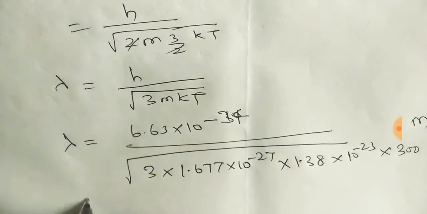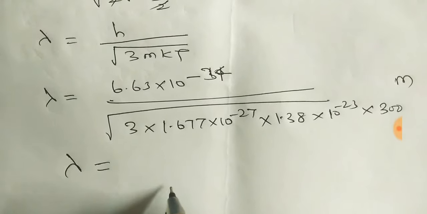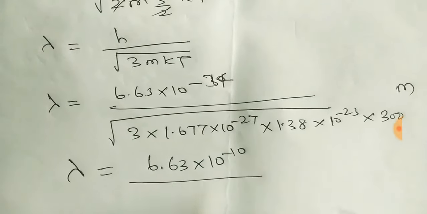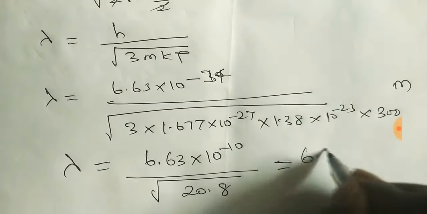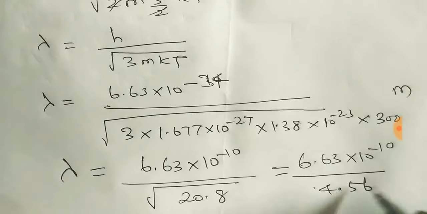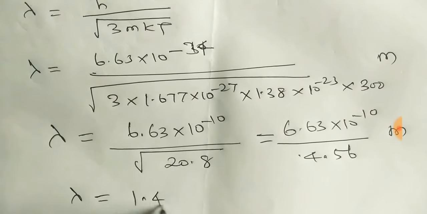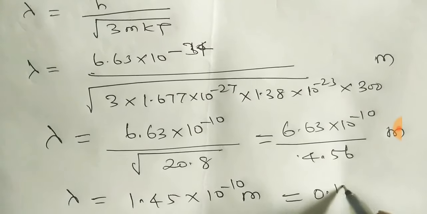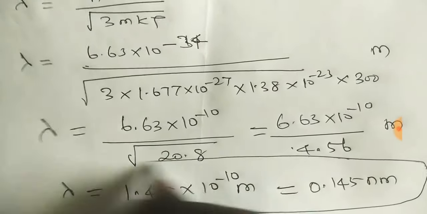When you are solving, the powers give 10 power minus 10, and root of 20.8. Then we get 6.63 into 10 power minus 34 divided by 4.56 meter. Dividing, we get lambda equal to 1.45 into 10 power minus 10 meter, or 0.145 nanometer. Okay, children, this is the thing.